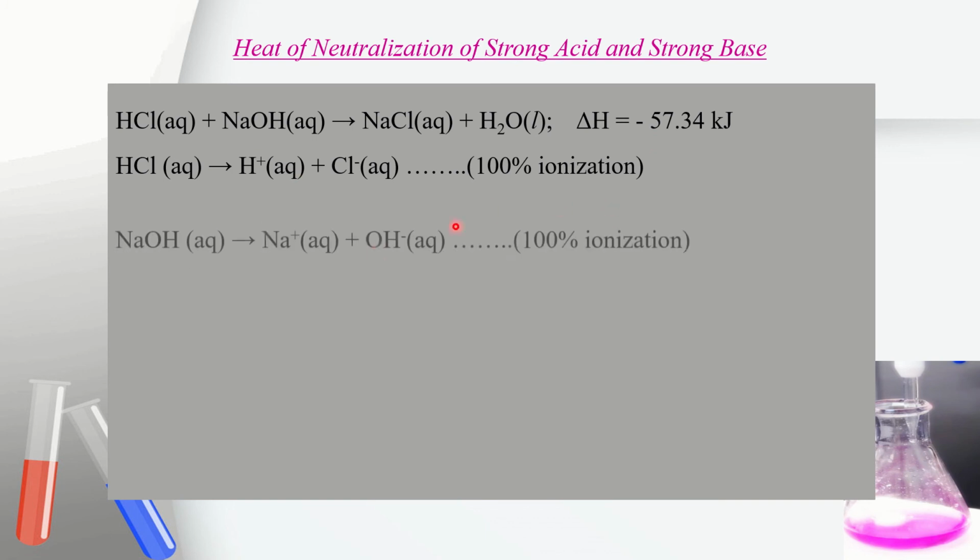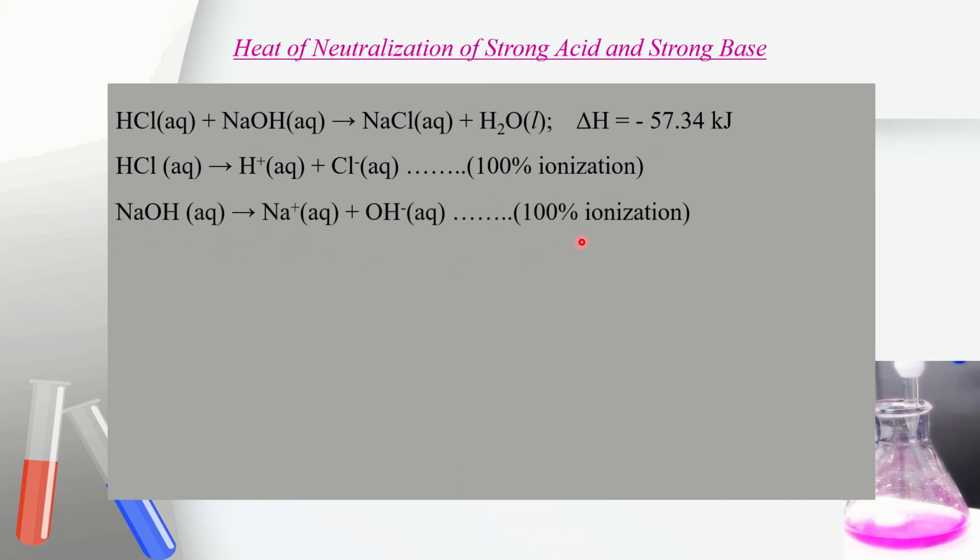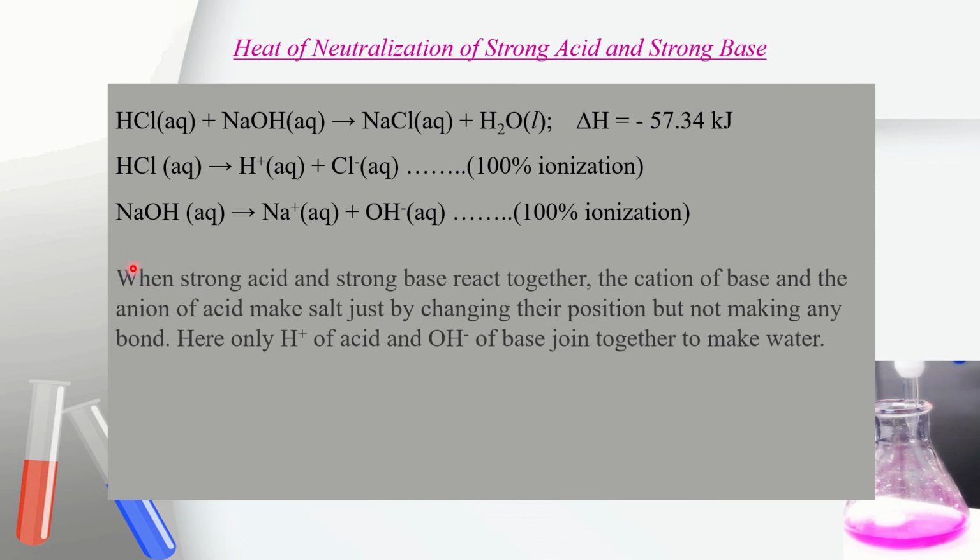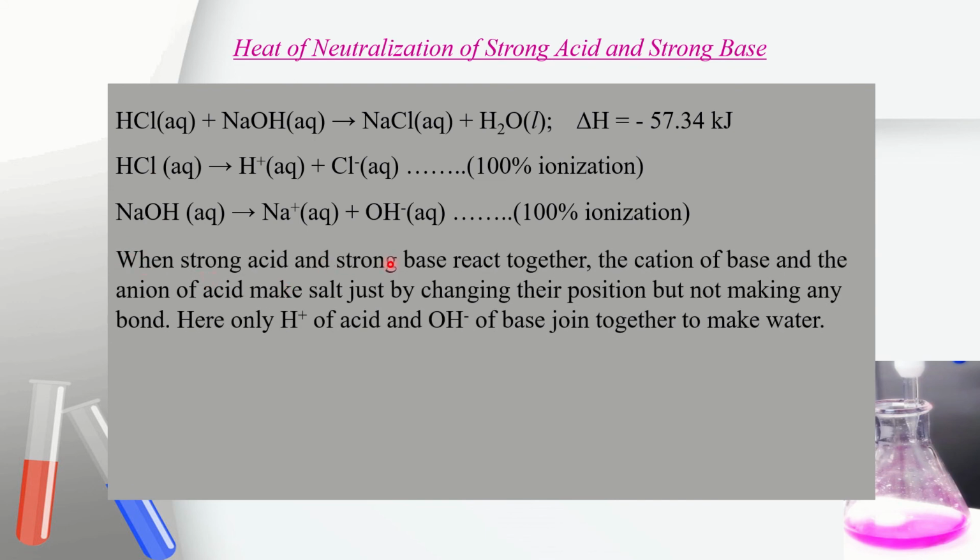Look, this acid is 100% ionized. This base is also 100% ionized. So when strong acid and strong base react together, the cation of the base and the anion of the acid make salt just by changing their position, but not making any bond. In this sodium chloride, there is no bond. Here only the hydrogen ion of the acid and the hydroxyl of the base join together to make water.